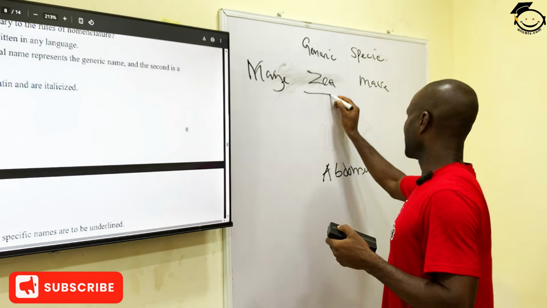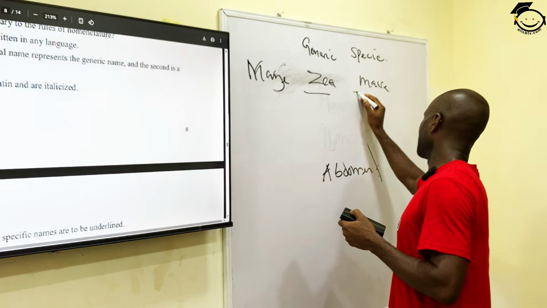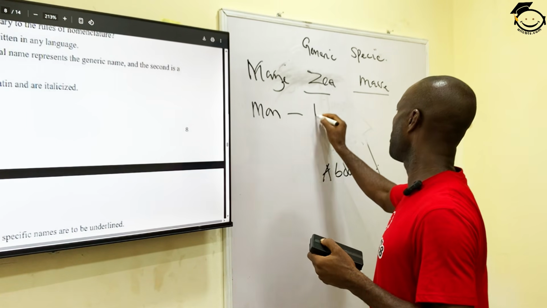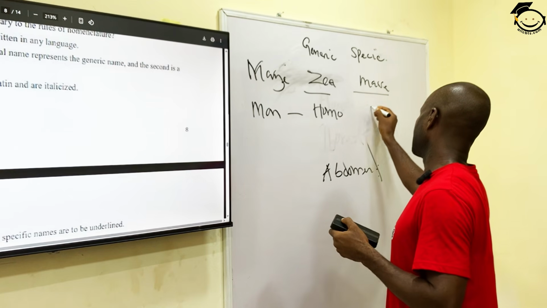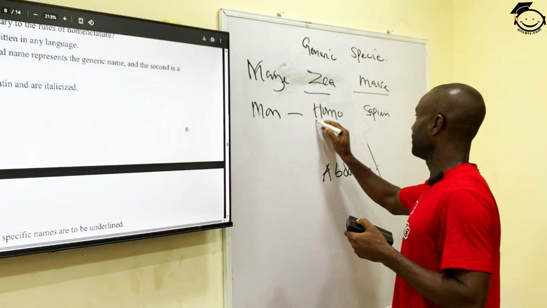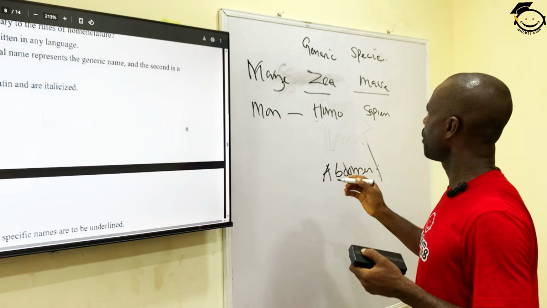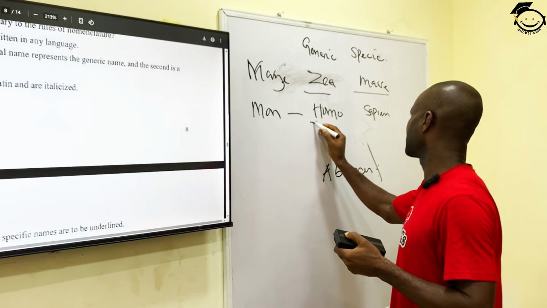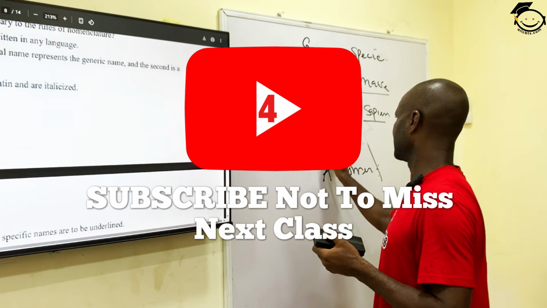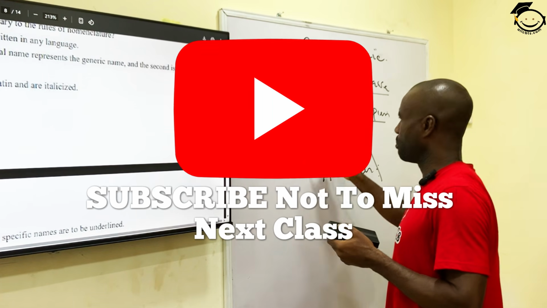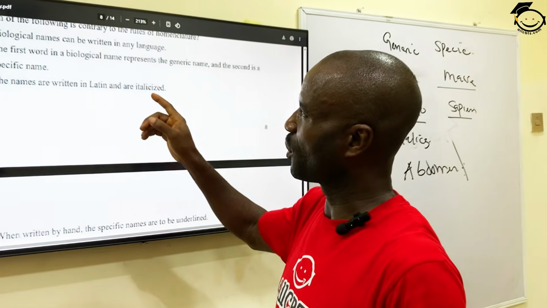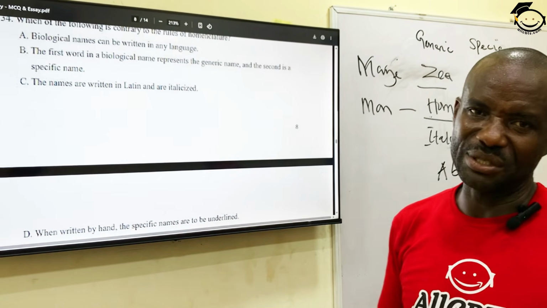This is the generic name, and this is the species name. We have man. Man has another name, Homo sapiens. This is the generic name, and this is the species name. If you are writing by hand, you always underline, or you italicize, that is, you slant it. So of all these options, the only odd one here is A. You can't write them in any language.